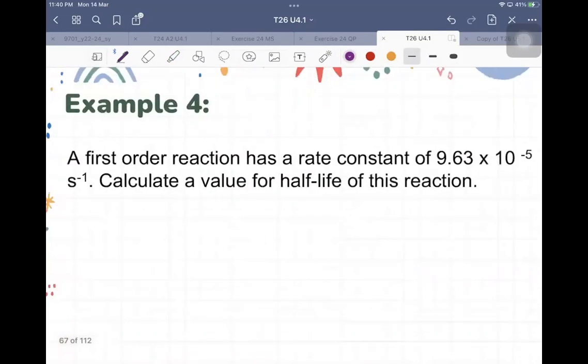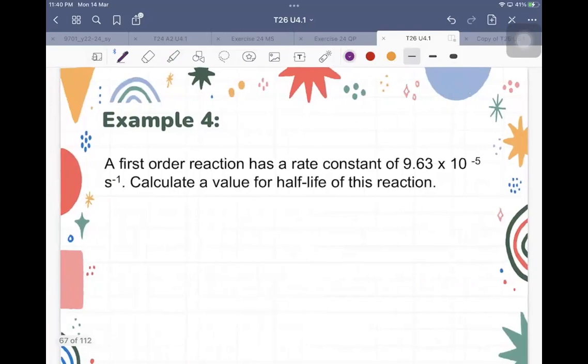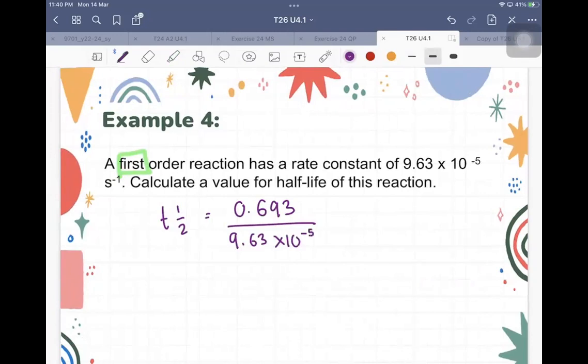Okay, let's try. A first order reaction has a rate constant of 9.63 times 10 to the power of minus 5. Calculate a value for the half-life of this reaction. It mentions first order, so that means you can use T half equals 0.693 over K, 9.63 times 10 to the power of minus 5, and this is s minus 1.